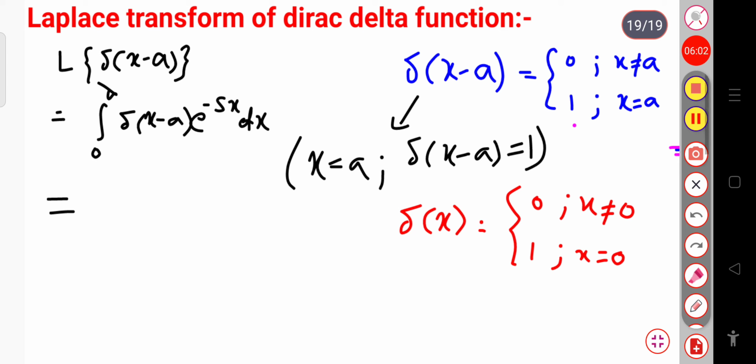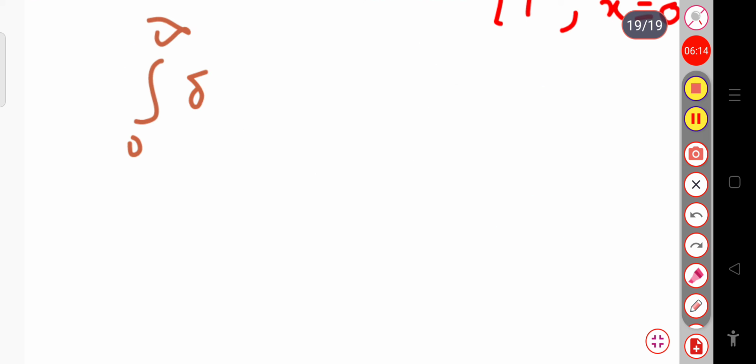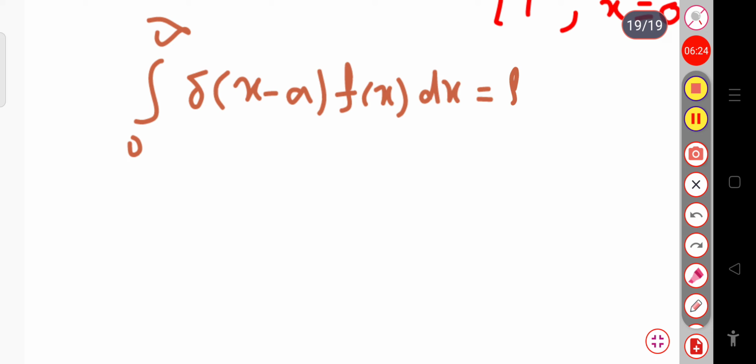this will be equal to, and here we also know the properties of the Dirac function, that is, the integration from 0 to infinity of delta of x minus a into f of x dx is equal to f of a. This is the property of the Dirac delta function. Okay.